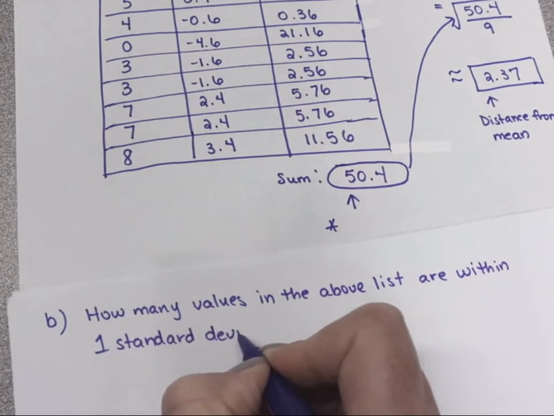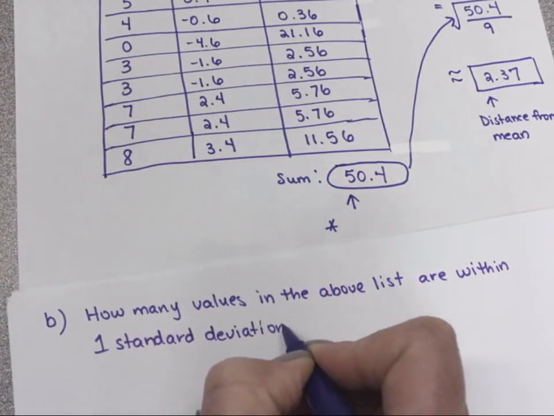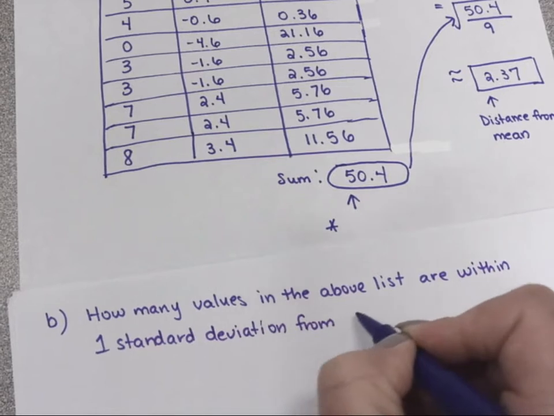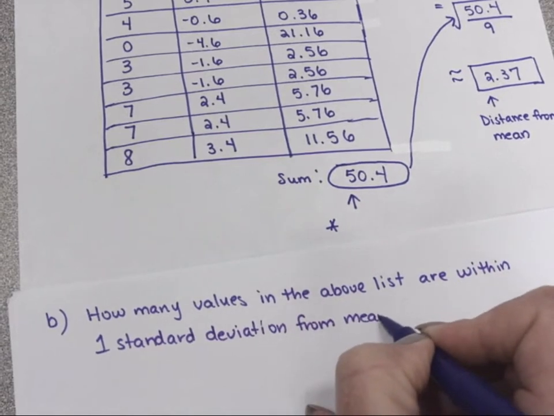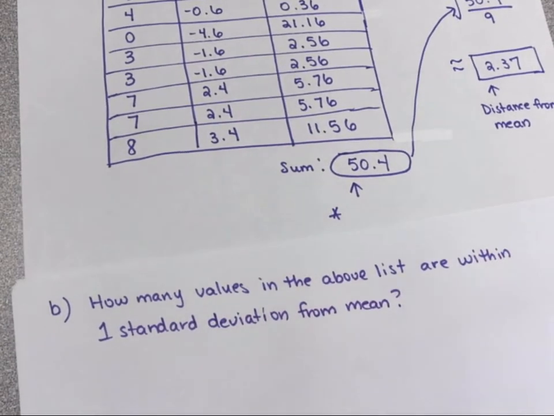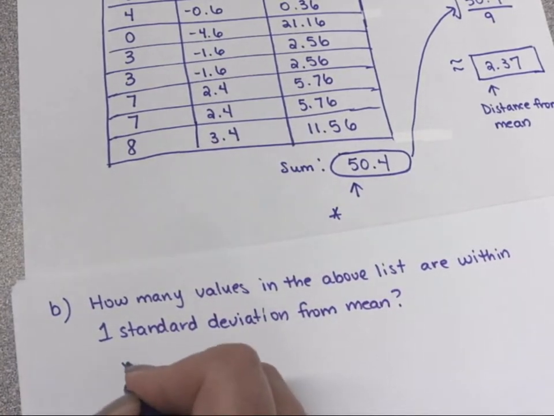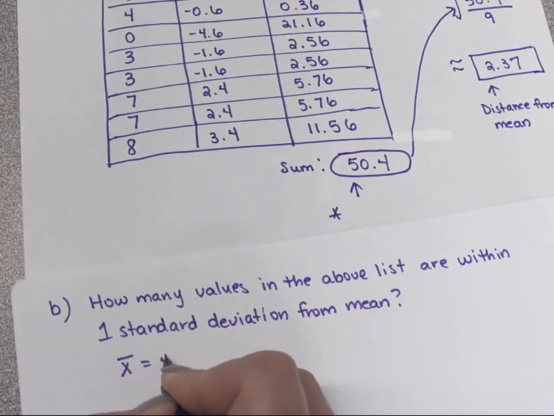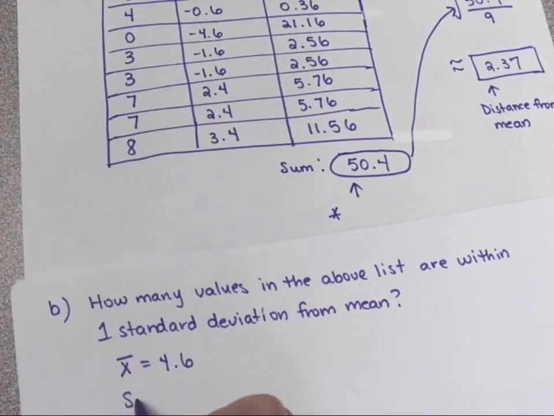In other words, either high or low, how many of these values fluctuated kind of closely to the mean? Just to remind you, our mean, X bar, was 4.6, and our standard deviation we got was about 2.37.